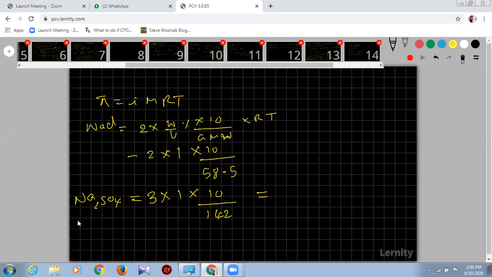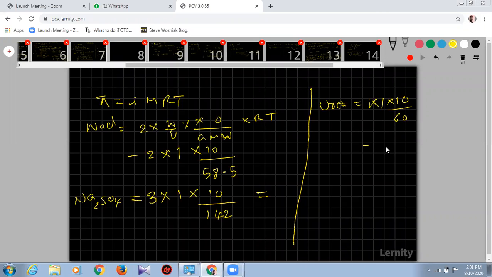Next urea. In this case, what will come? Urea will not get dissociated here. 1 into weight by volume percent into 10 by gram molecular weight, which is 60.